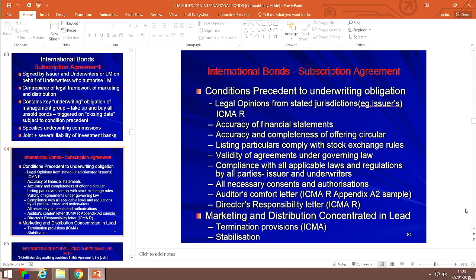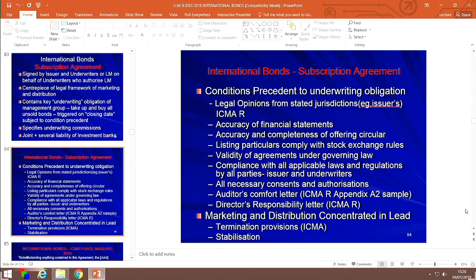And they include reasonably obvious things like legal opinions from jurisdictions that are relevant to the bond issue, including obviously the issuer's jurisdiction. Then there are representations and warranties concerning the accuracy of the financial statements of the issuer which have been delivered to the underwriting banks.